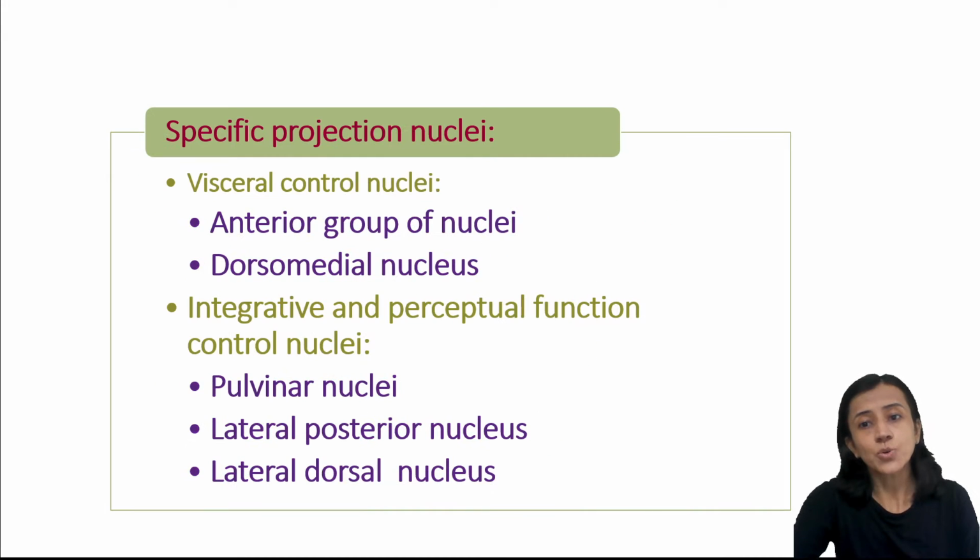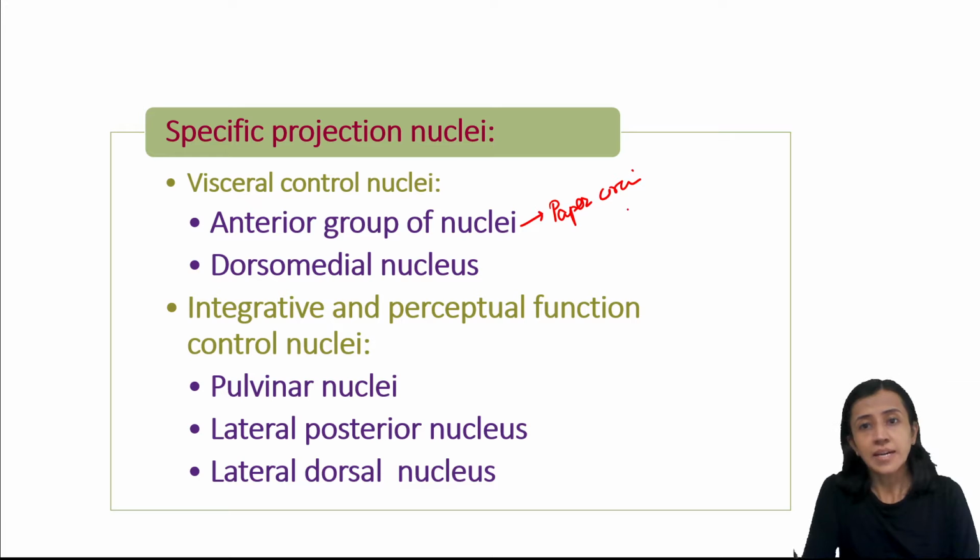Then the visceral control nuclei, meaning impulses from the viscera are transmitted. One is the anterior nucleus, the anterior group of nuclei. That is part of the Papez circuit, which is important for memory as well as emotions. And the dorsomedial nucleus, which has reciprocal connection with the prefrontal cortex.